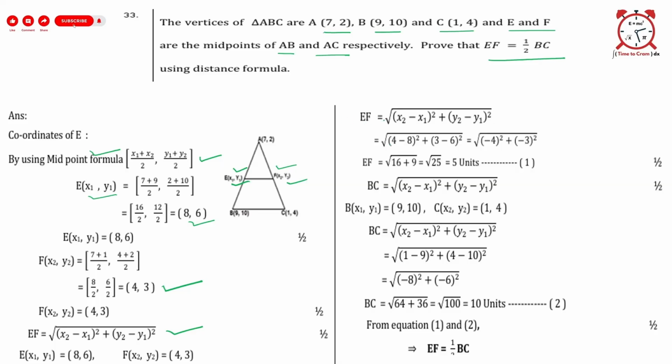Using them, if we find the distance EF by the distance formula, then EF equals 5 units. Same way we will find the value of BC using the distance formula. Then the value of BC is 10 units. So it is very clear that EF is 5 and BC is 10. So we can easily prove that EF equals half of BC.